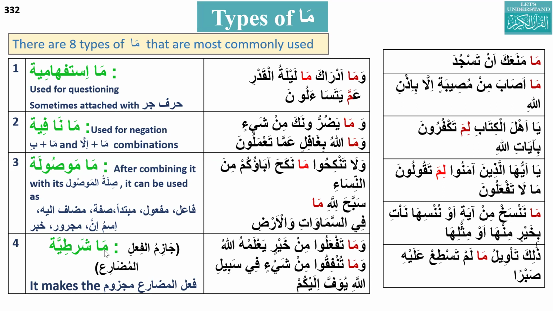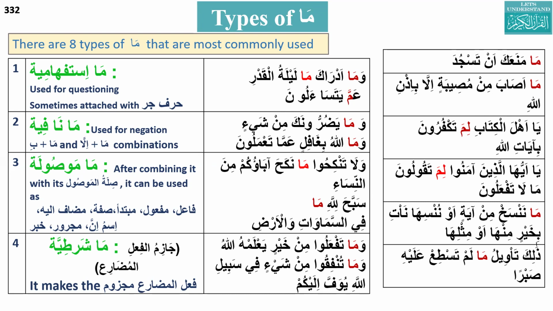Then there is ma shartiya. It comes with a conditional sentence, and it has the rules of jawazimul fi'lul mudari. So this ma shartiya is one of the jazimul fi'lul mudari, and it makes the mudari majzoom, as in man, ma, bainama. These are used with conditional sentences.